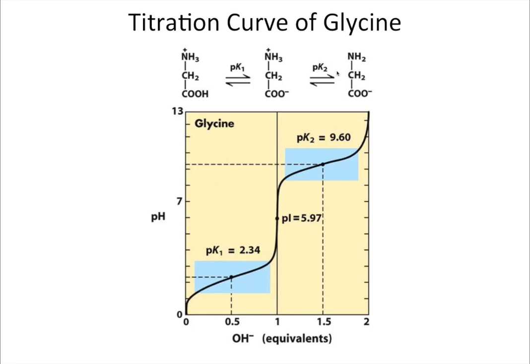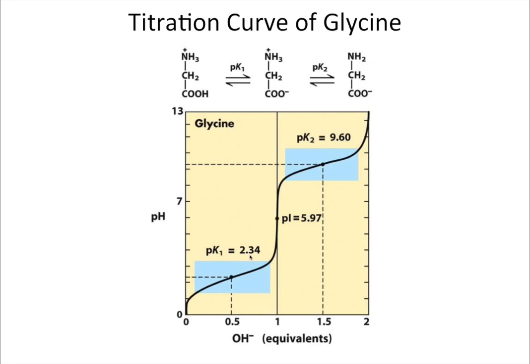So you go through this whole process of titration. You remove a proton first from the carboxylic acid group, and then secondly from the amino group, to end up with NH2 and COO minus. The second pKa value is 9.6.